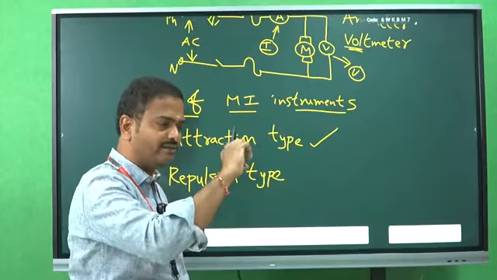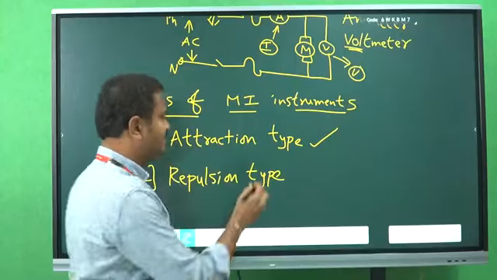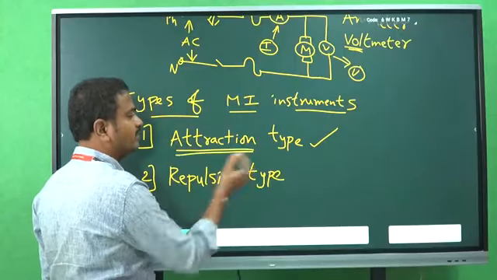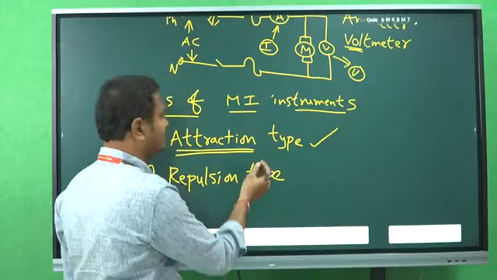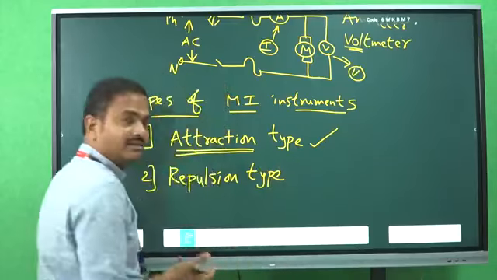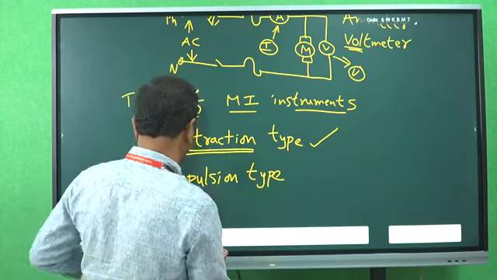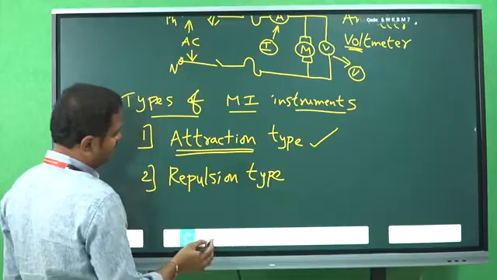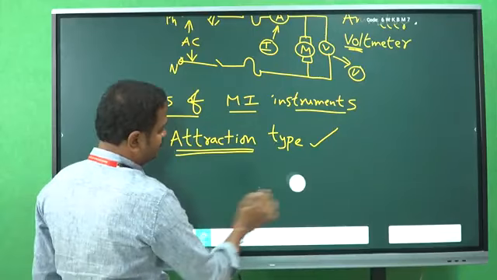That means an attraction force will be exerted on the moving plate. In this way attraction type instruments measure the current and voltage values. Clear? So in our syllabus, in this session, I will explain attraction type MI instruments. Clear?